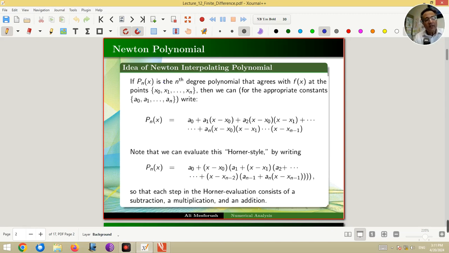Suppose that Pn is the nth degree polynomial that agrees with f of x at the nodal points x0, y0 to xn, yn. In fact, we know that Pn of xi should be yi for i equal to 0 to n, for n plus 1 nodal points.